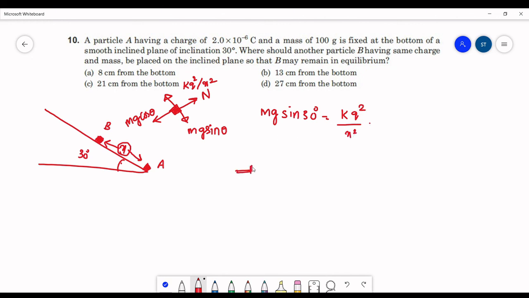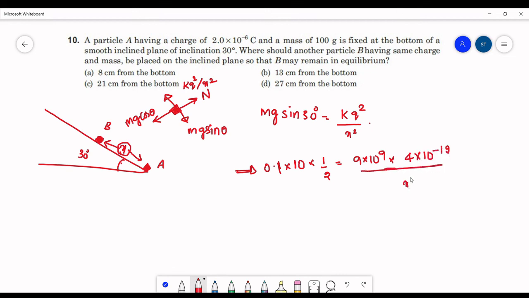M value is given as 100 grams, which is 0.1 kilograms, into 10 into sin 30, half, is equal to k value 9 into 10 power 9 into q square. Q square will be 4 into 10 power minus 12 upon x square.